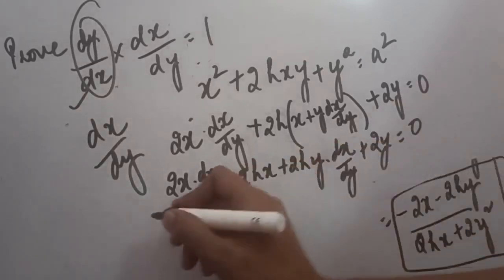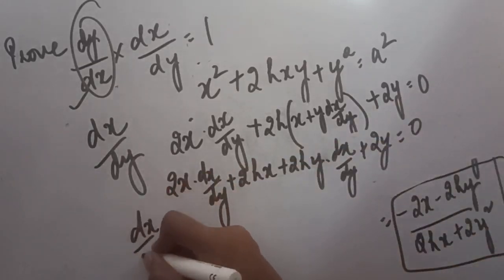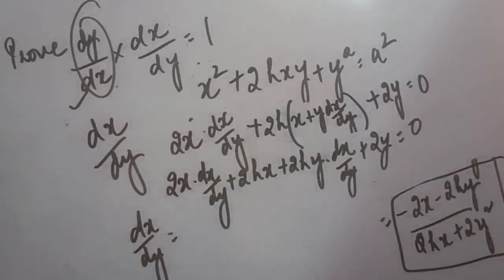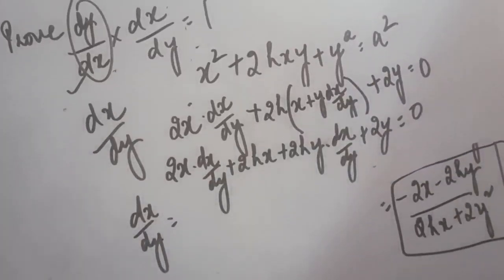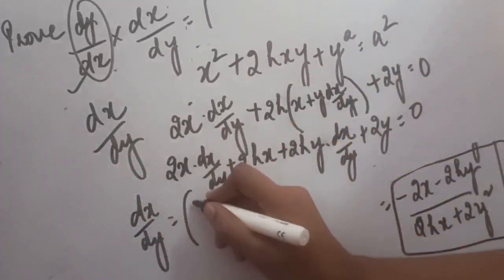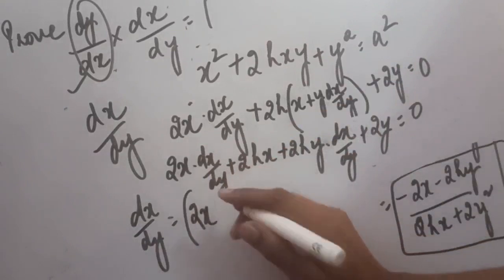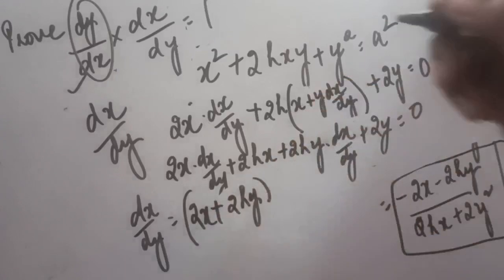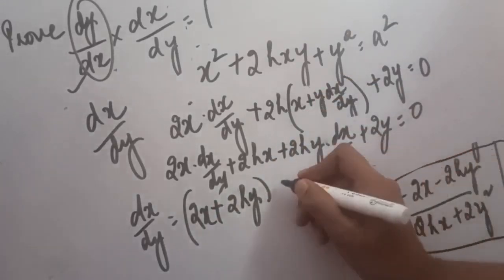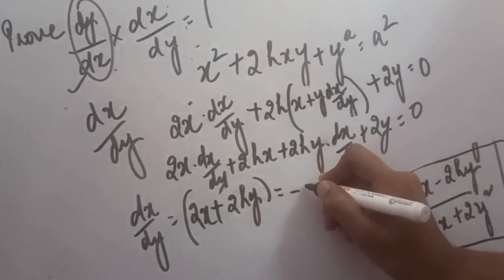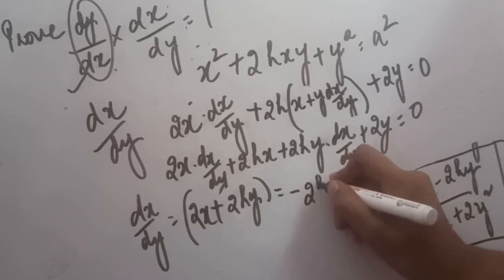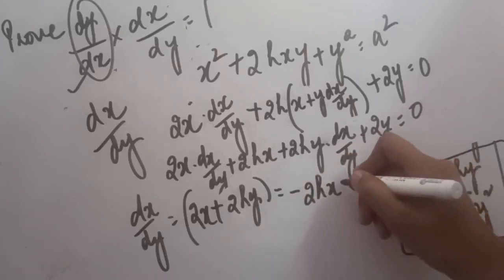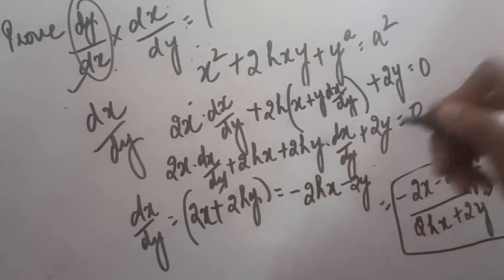From here if we take dx upon dy common, there are two values: 2x will come common, plus 2hy will come common, and on the right hand side we will have minus 2hx minus 2y.